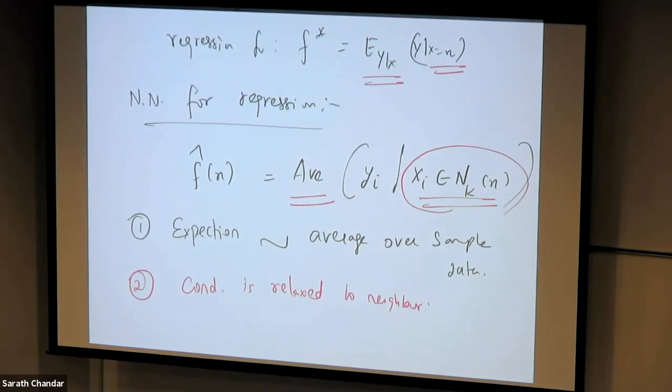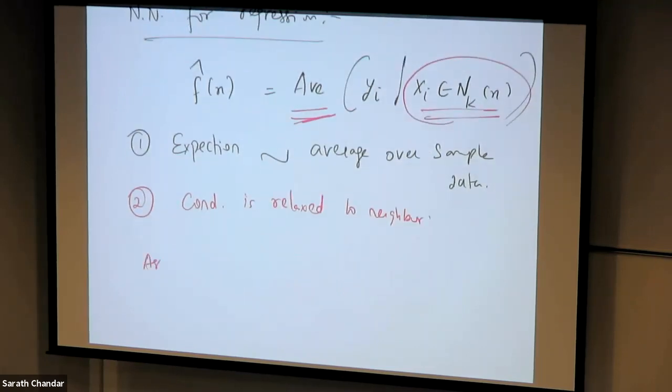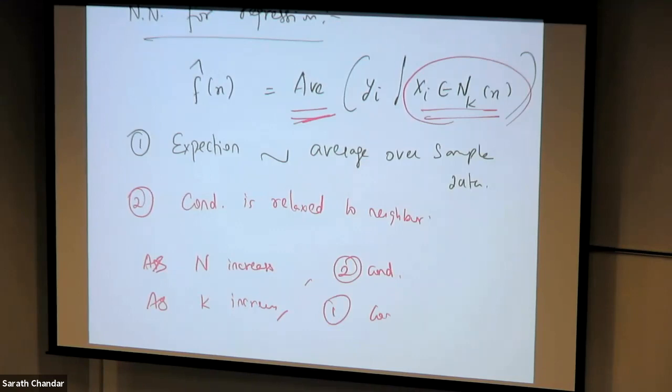Also, as the value of k increases, this average is going to get better and better. Is that clear? So as n increases, the second condition is going to get better and better. Similarly, as k increases, the first condition is going to get better and better.